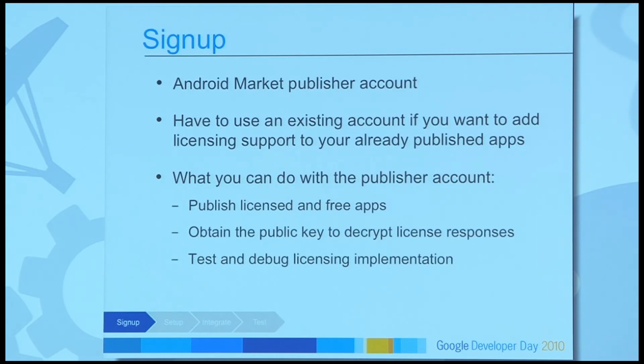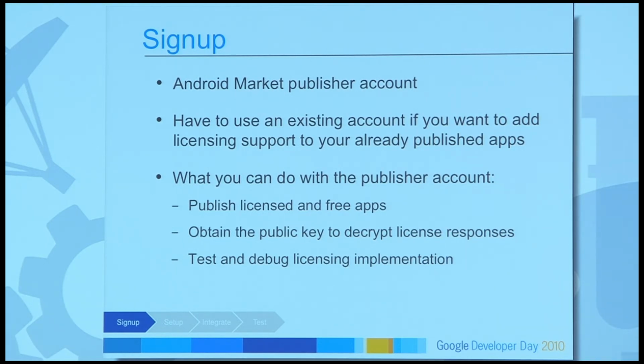For sign up, you need to have an Android Market publisher account. You have to use an existing account if you want to add licensing support to your already published applications.